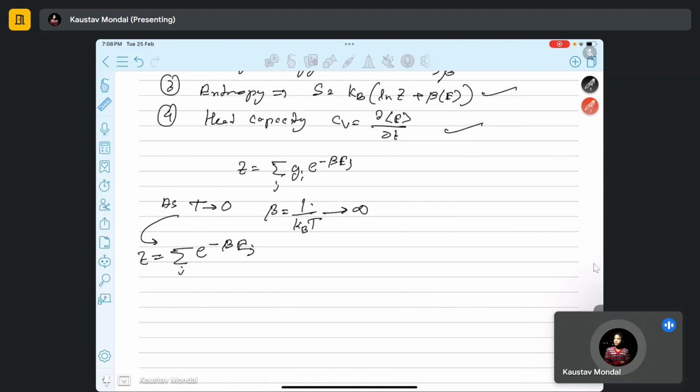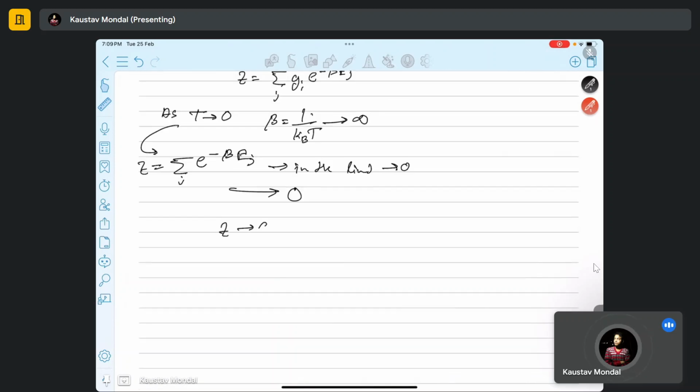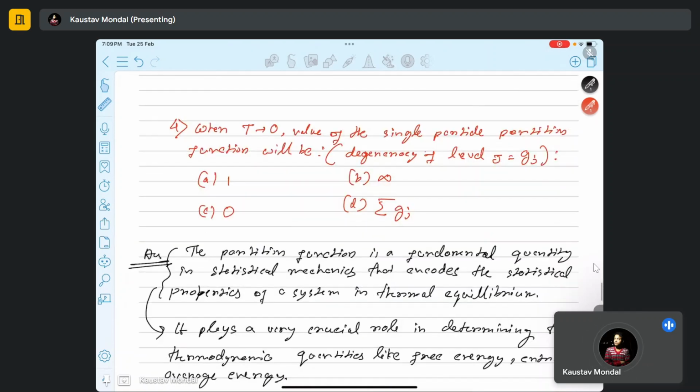So if beta tends to infinity, then e to the power minus beta Ej is e to the power minus infinity, which is 1 by e to the power infinity, which is 1 by infinity. This gives you 0, right? So in the limit T tends to 0, this also tends to 0. So the right answer is that Z tends to 0 in the limit of T tends to 0. This is how you have to solve the problem.